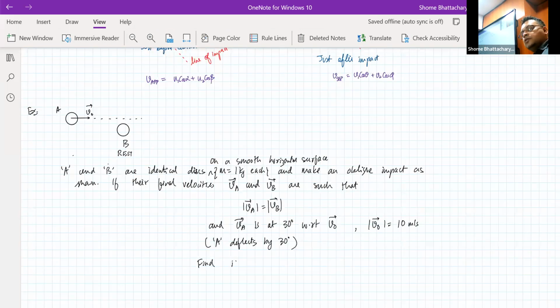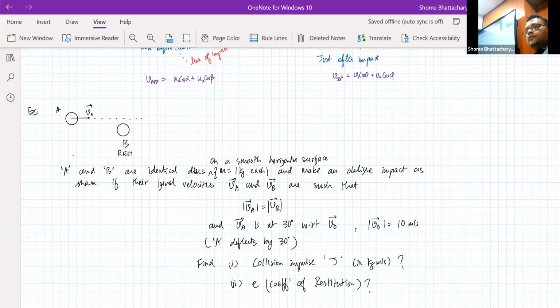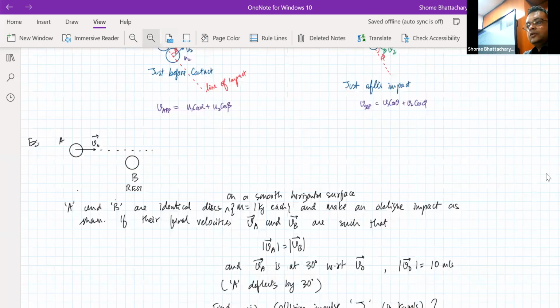We want to find the collision impulse in magnitude, in kilogram meter per second or Newton seconds, how much that is. And we want to calculate the coefficient of restitution. How much is the coefficient of restitution for this particular collision? So these two things we want to calculate.